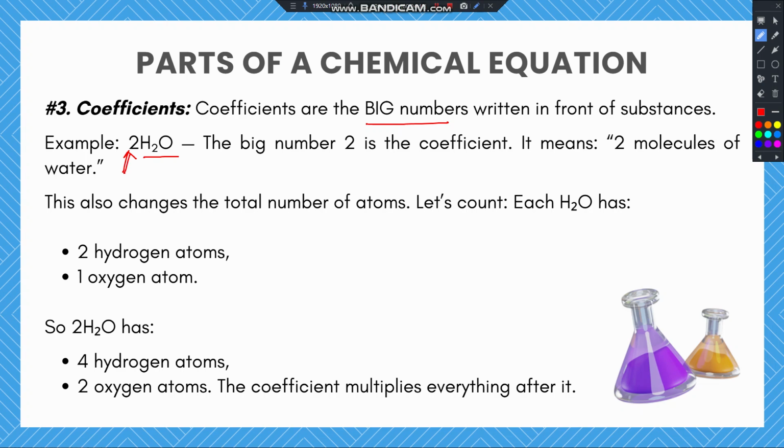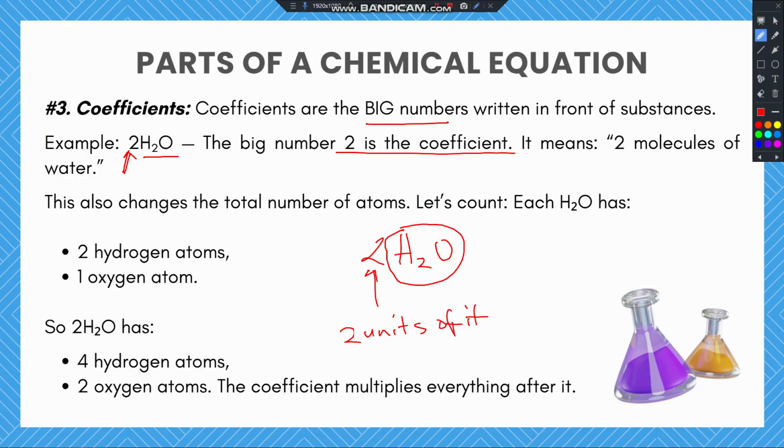Now that big number 2 is called the coefficient. It is telling us the number of molecules that are present, 2H2O. So it's telling us that of this entire H2O molecule, we have 2 units of it present. So you can see what a coefficient actually means.